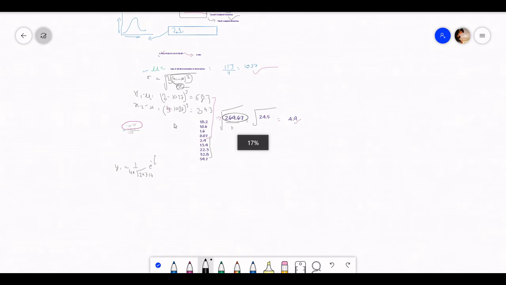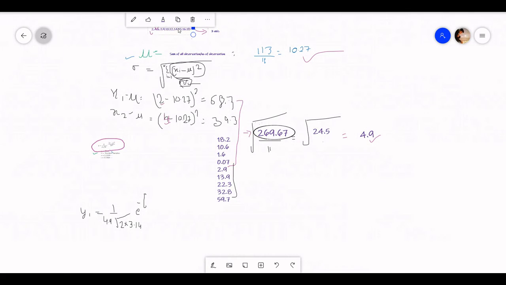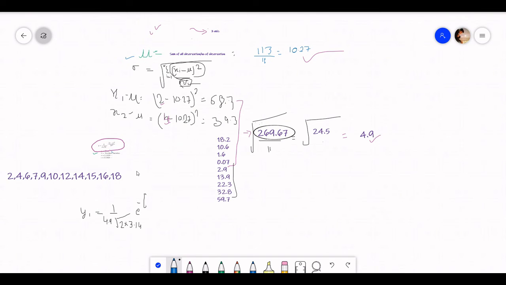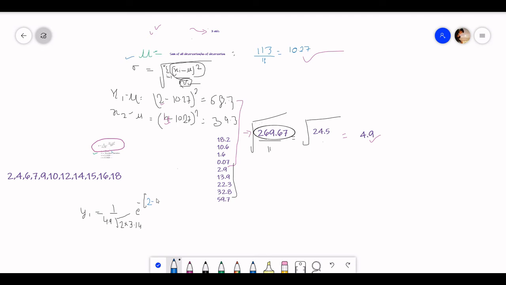Our first data point is 2, so I'm putting it over here: 2 minus the mean, 10.7, whole square, upon 2 into sigma square.